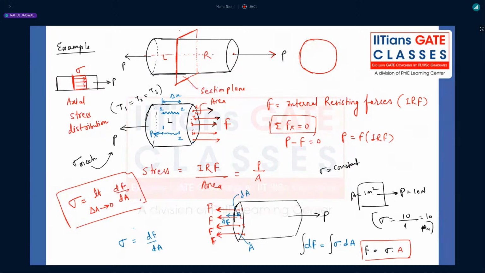Remember, stress is defined at a particular what? Point. Stress is defined at a point.